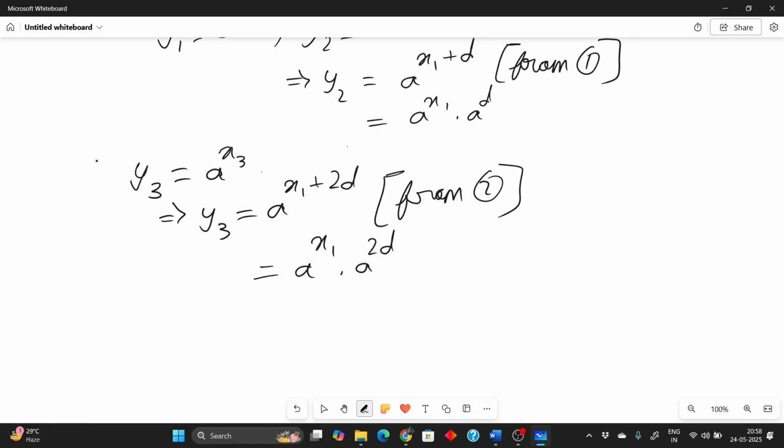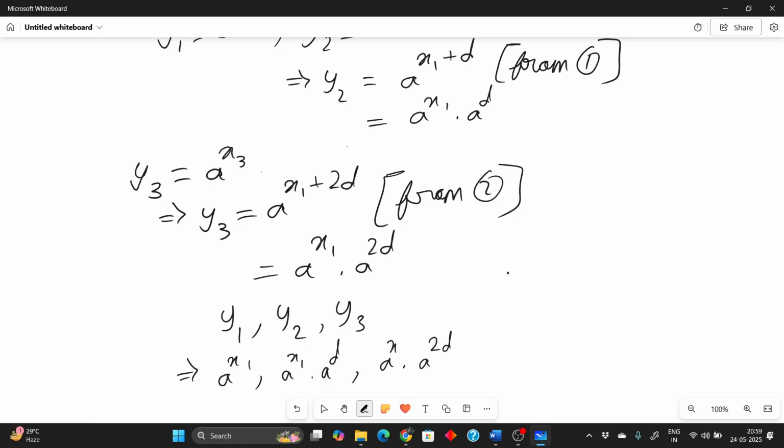So now if we compare y1, y2, and y3, we have a to the power x1, a to the power x1 dot a to the power d, and a to the power x1 dot a to the power 2d.